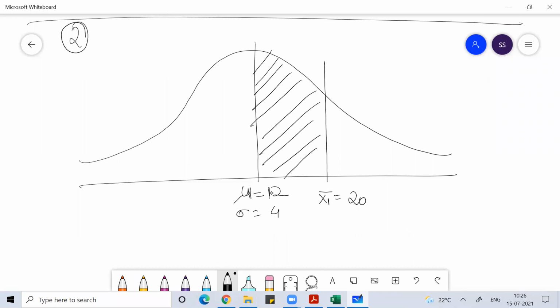This area you can find very easily by using the normal distribution curve.